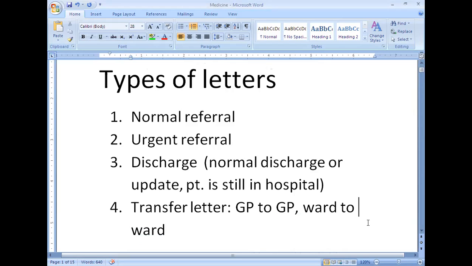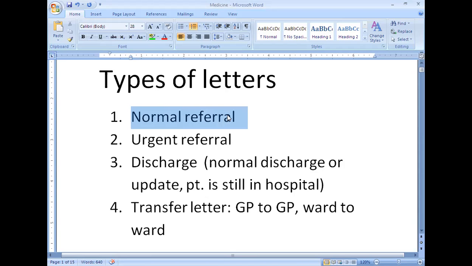Referral letters, discharge letters, advice letter. What you can see on my screen: normal referral, urgent referral, discharge letters, transfer letters. So usually we have four types.